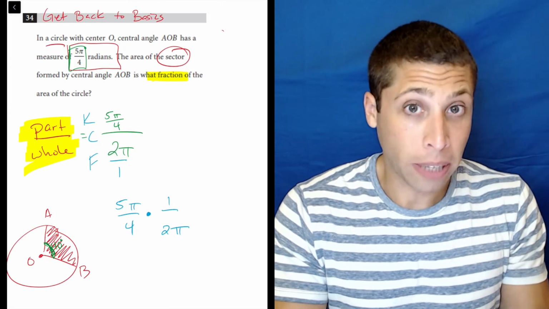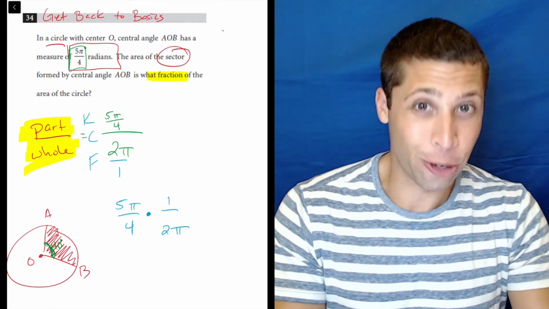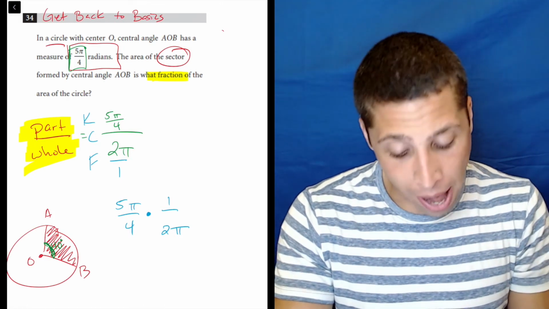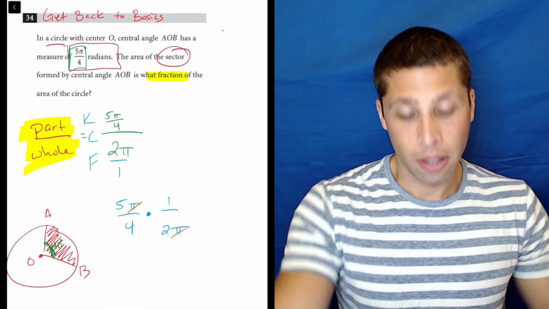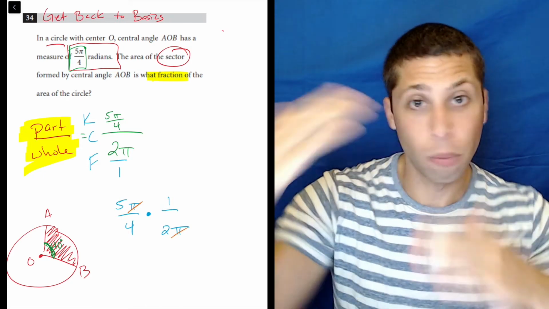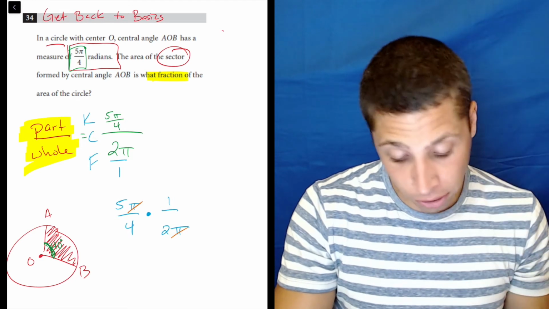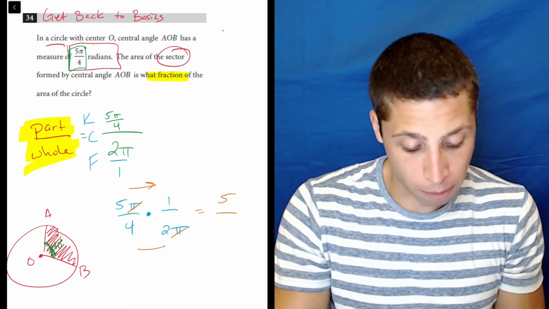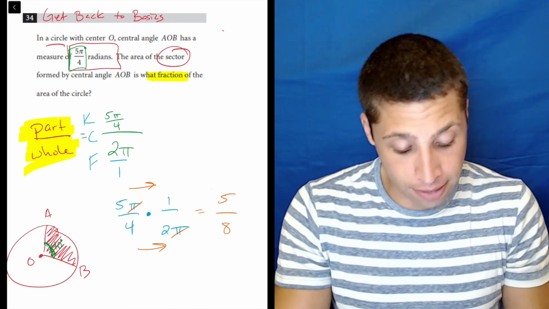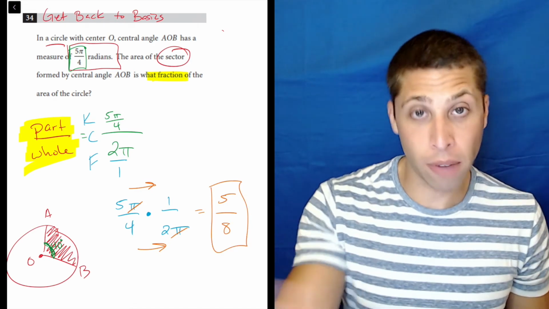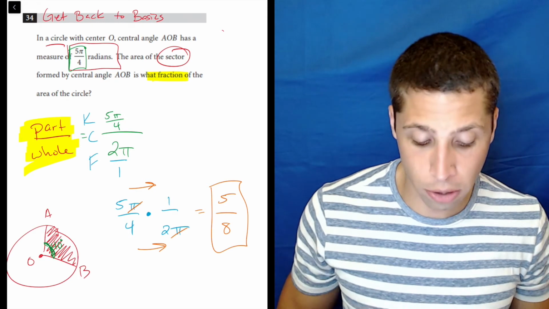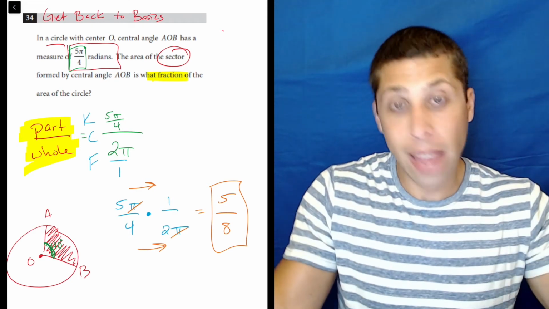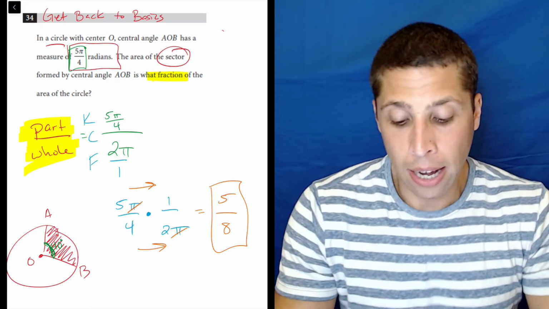And now it's just multiplication of fractions, the easiest thing that we can do with fractions. So the pi's are going to cancel out because there's a pi on the top and a pi on the bottom, so it reduces. But nothing else can reduce, so we just multiply across. So 5 times 1 is 5, 4 times 2 is 8, and that's the answer, 5/8. And so you can bubble it as a fraction, you can bubble it as a decimal, whatever you want to do, but that's it.